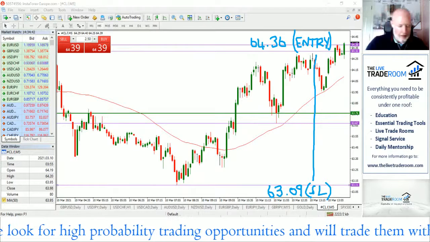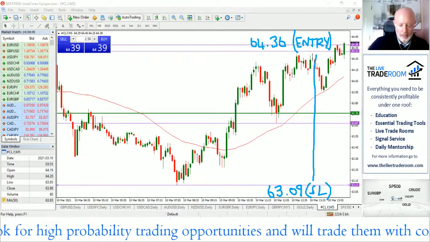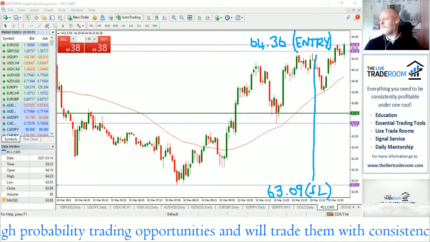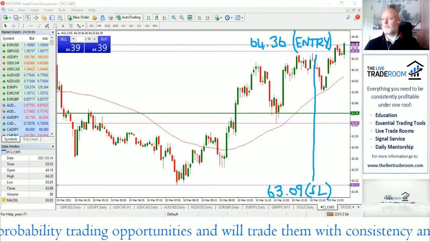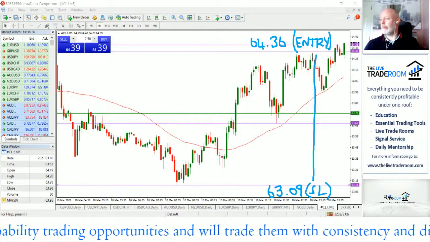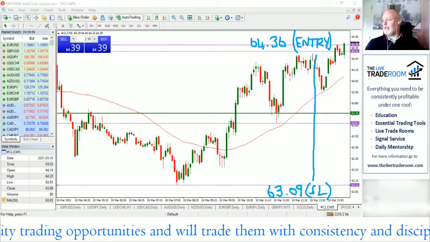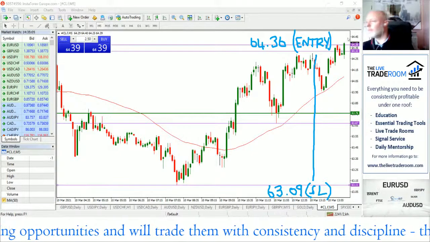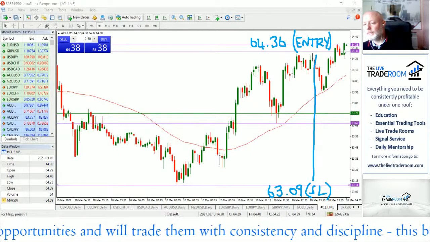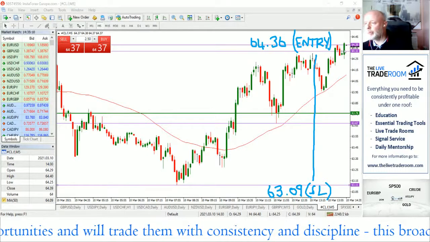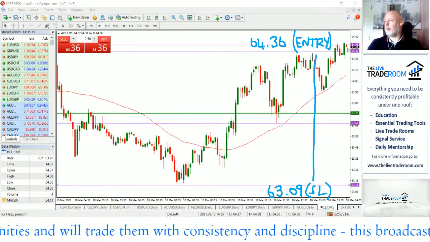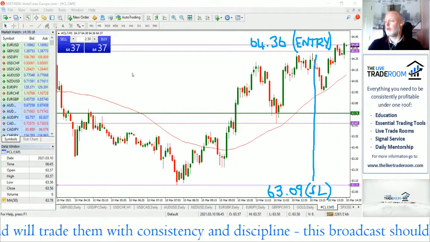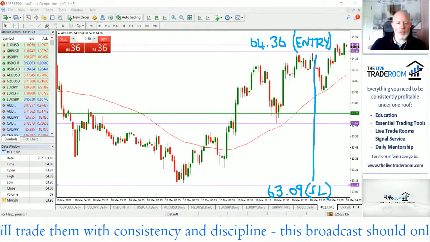Stop loss, we're going to get 63.09 is our stop loss for this trade. So a stop loss of 63.09.